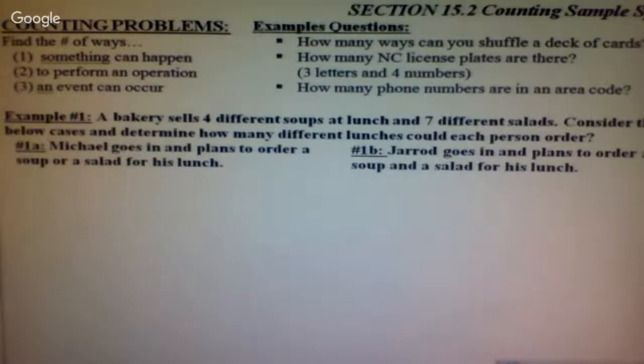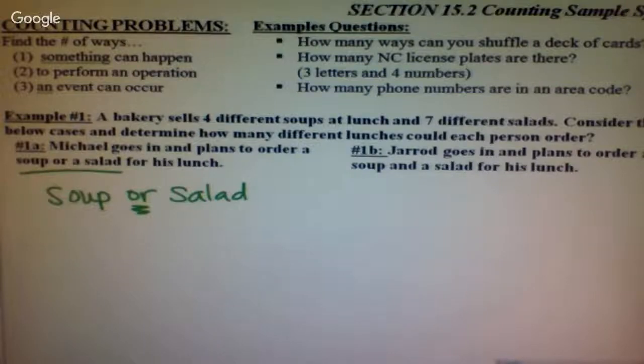Michael is going in and he's going to order a soup or a salad. So, I literally want you to write out, I need soup or salad. So now we've got to bring down the numbers that go with it.